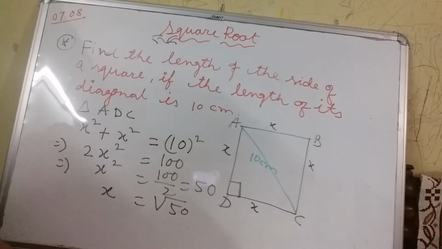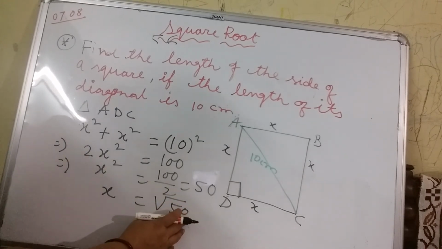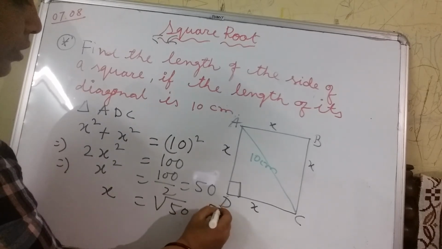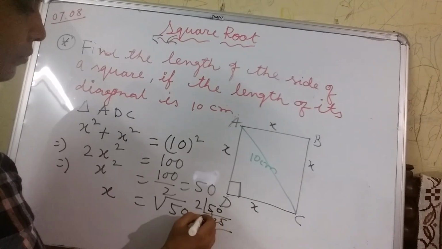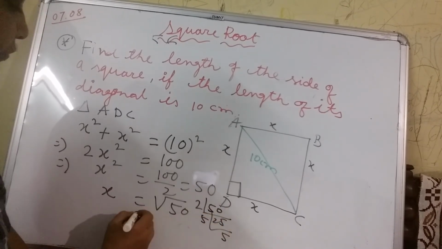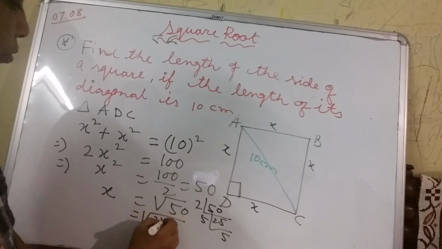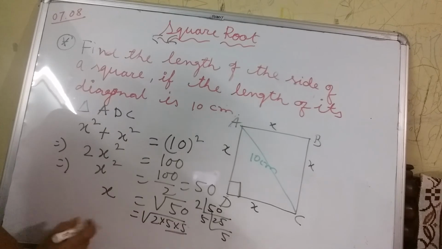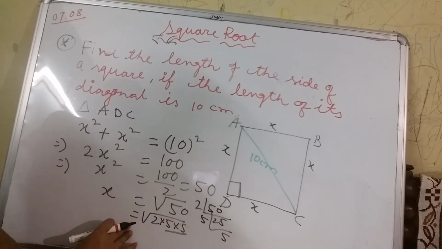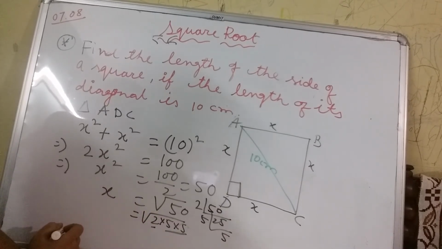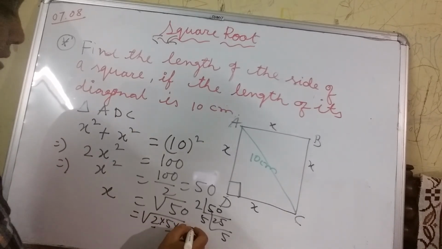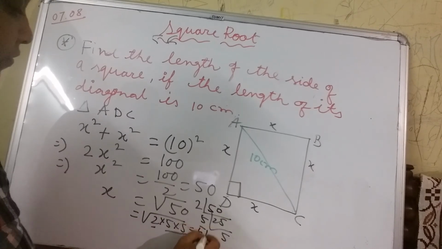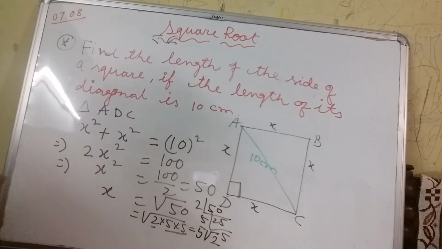Okay, if you find out its square root, if we factorize it, what are we getting? 50 equals 2 into 5 into 5. This 5 is in a pair, so it can come out of the square root, but 2 will remain inside the square root. Okay, so your answer will be 5 under root 2.